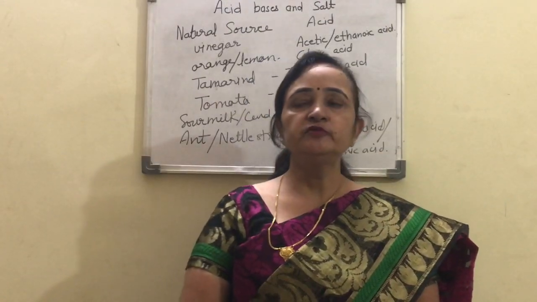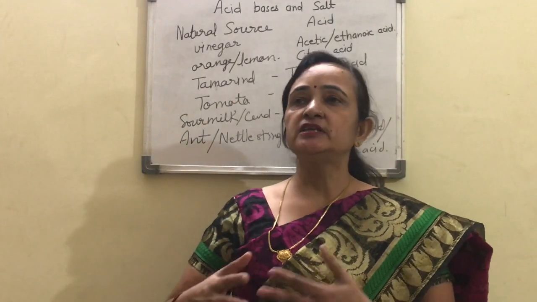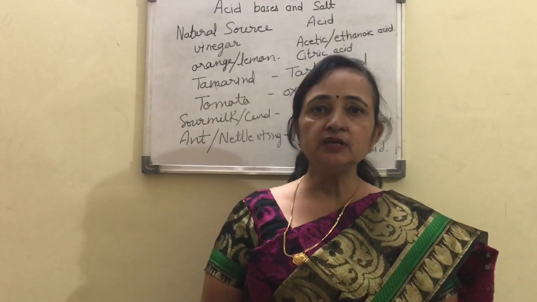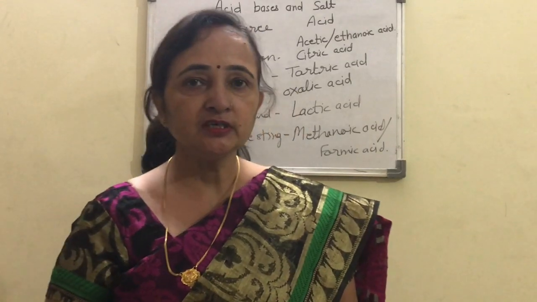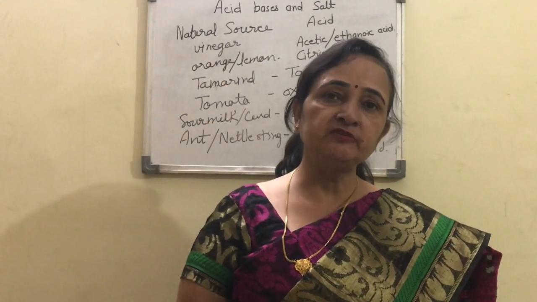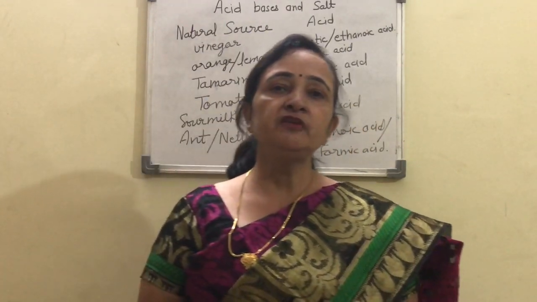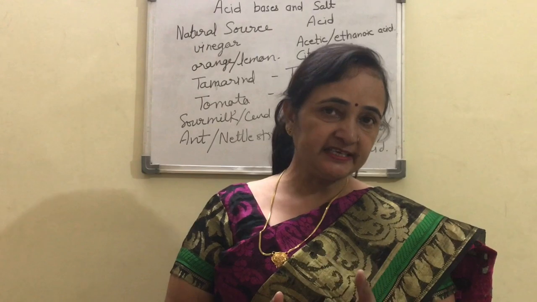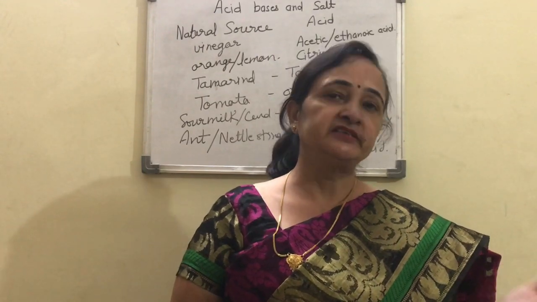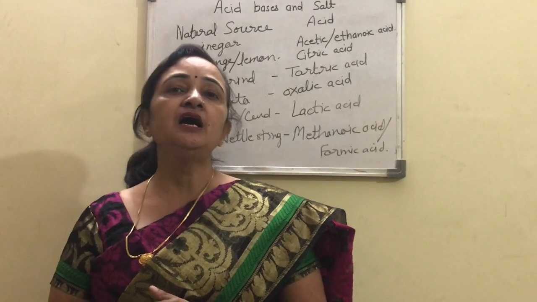Now the next part of the question is which of these is acidic and which one is basic. The solution which has more hydrogen ion concentration will be acidic and which has less hydrogen ion concentration will be basic. So here the pH value less than 7, that is 6, will be acidic, and the pH value more than 7, that is 8, will be the basic solution.